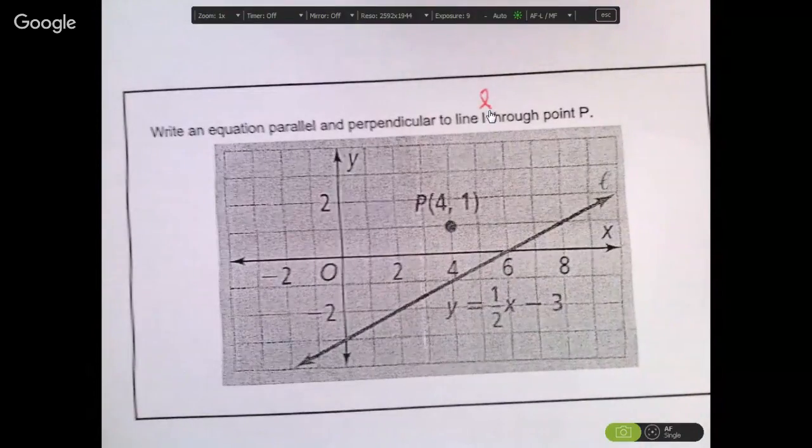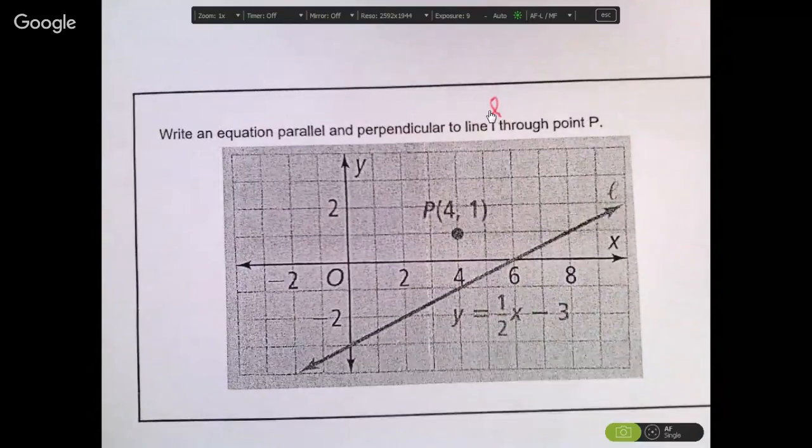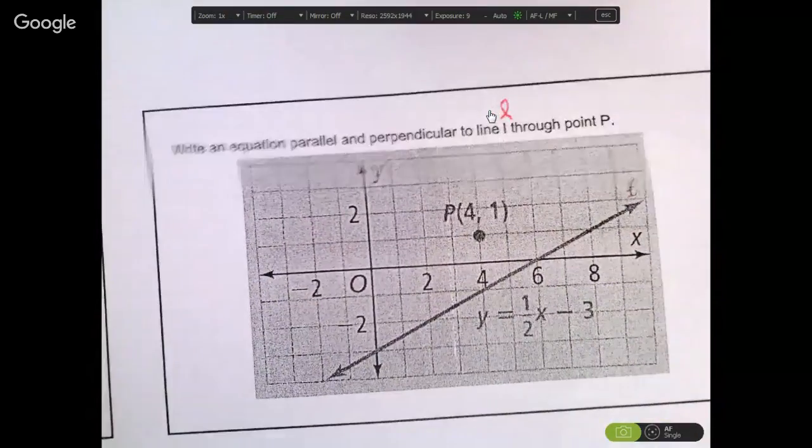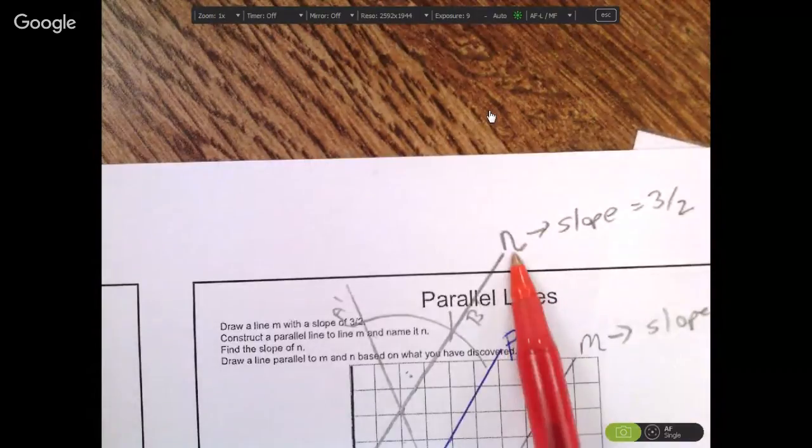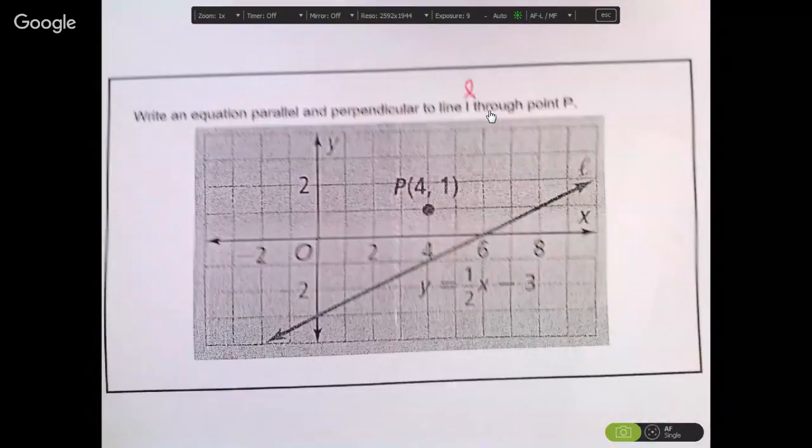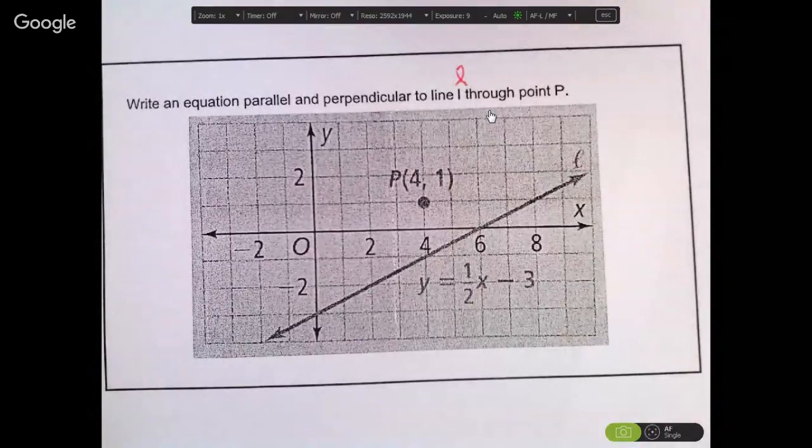When I drew lines back here, line M and N, that's how you make a cursive N and a cursive M. Whether you've learned that or not, that's how it's always going to be. It's just one of those things that mathematicians do.